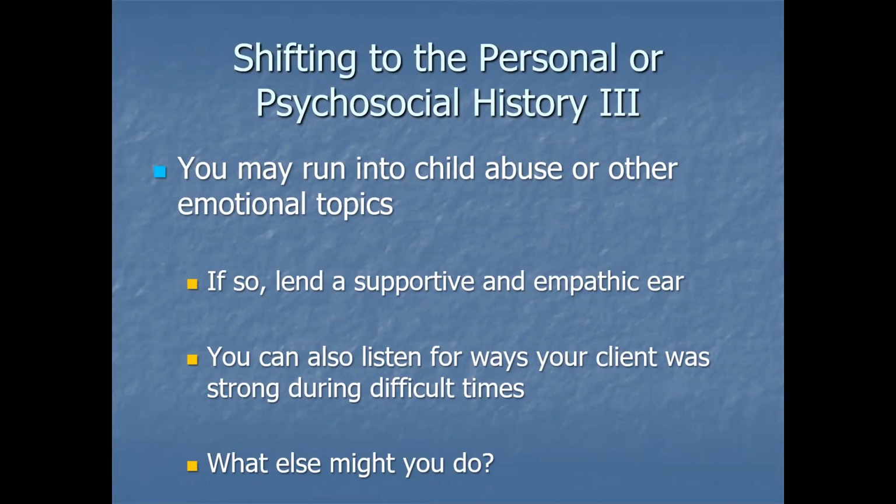Depending on the client, you may also have to provide them with some techniques in case they report a history of dysregulation that can lead to self-injurious behaviors or suicidal ideations.